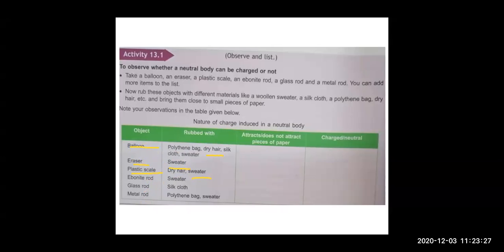Then you will see whether they attract small pieces of paper. And finally, we will decide what the charge will be. If they attract, they will be charged. If they do not attract, they will be neutral. So this is your today's homework. We will discuss the answer to this activity in the upcoming class.